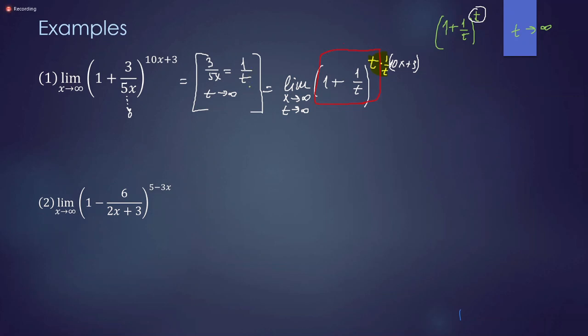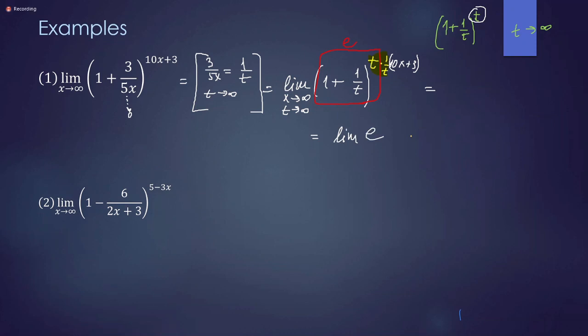I still need to consider this exponent. So what I see now is the limit of e, the red part, e to the power 1 over t times 10x plus 3. But let's remember, 1 over t is something that we have actually set up, more or less artificially.